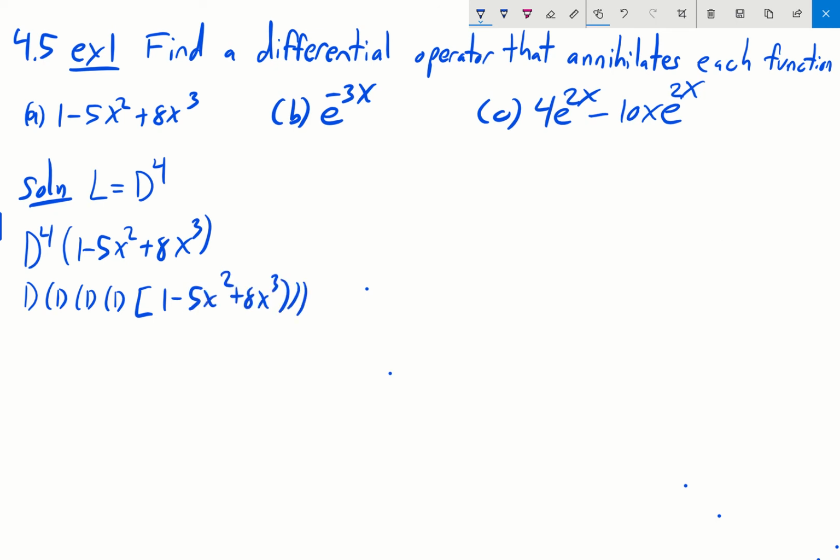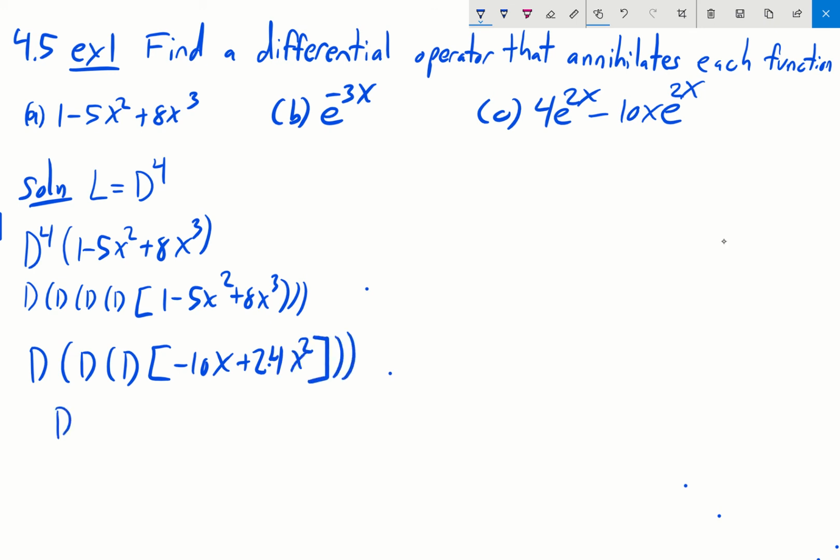After all, we know from Calc 1, if we're going to find the fourth derivative, then we have to start off by finding the first derivative. So when we do our first derivative, that's going to produce negative 10x plus 24x squared.